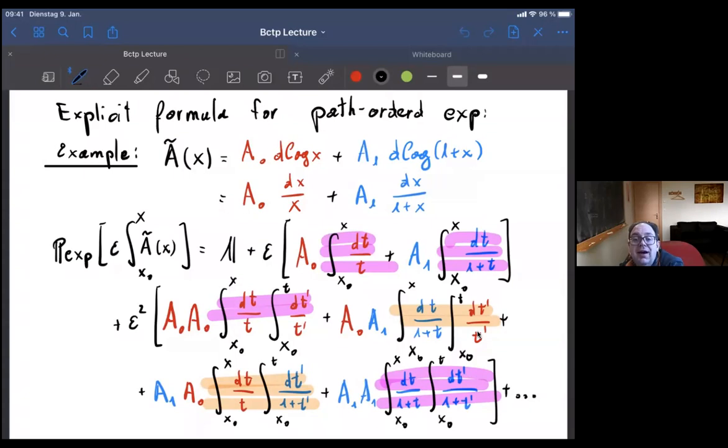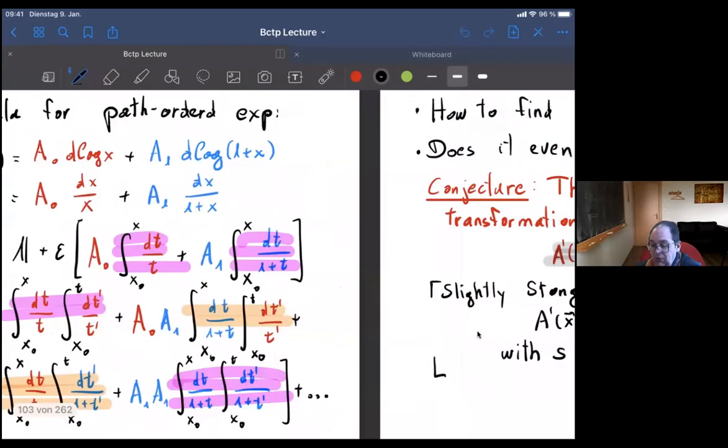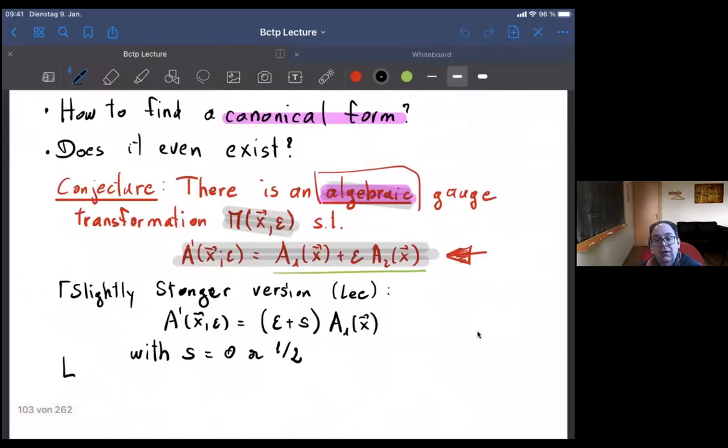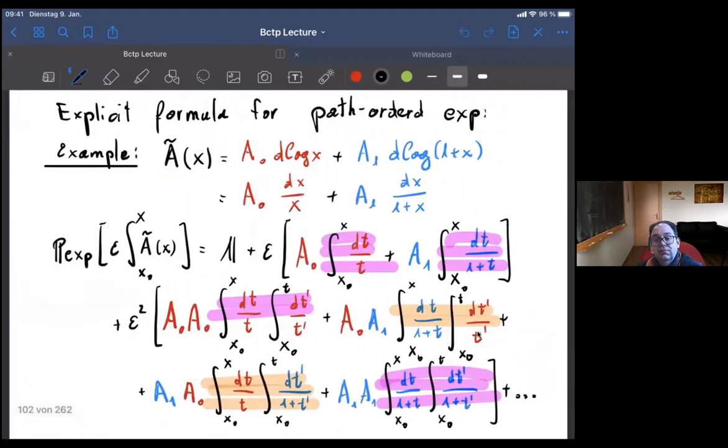And we looked here at the example where A tilde here is what they called A2 here, where it has two terms, so A0 and A1 are really constant, also with respect to x.